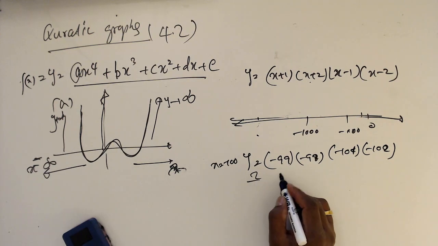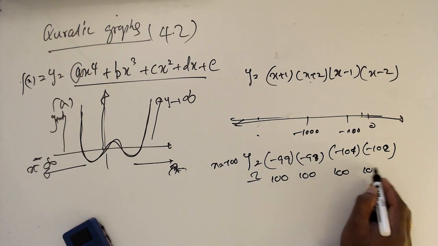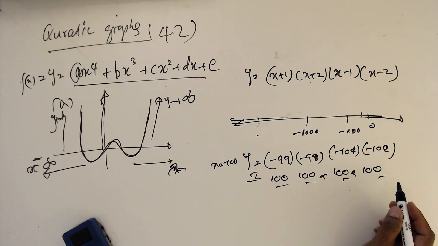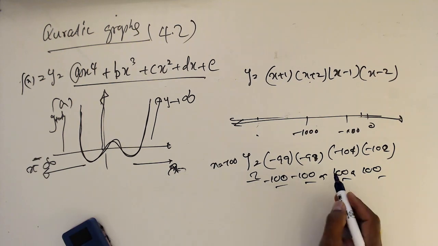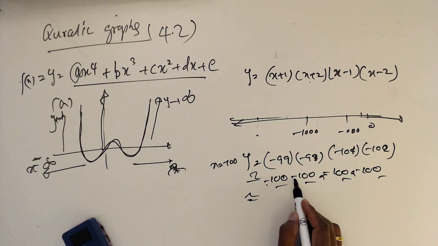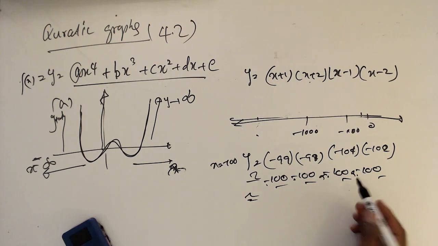Assume they are all hundreds. Since negative times negative is positive, and again negative times negative is positive, it is a positive answer.